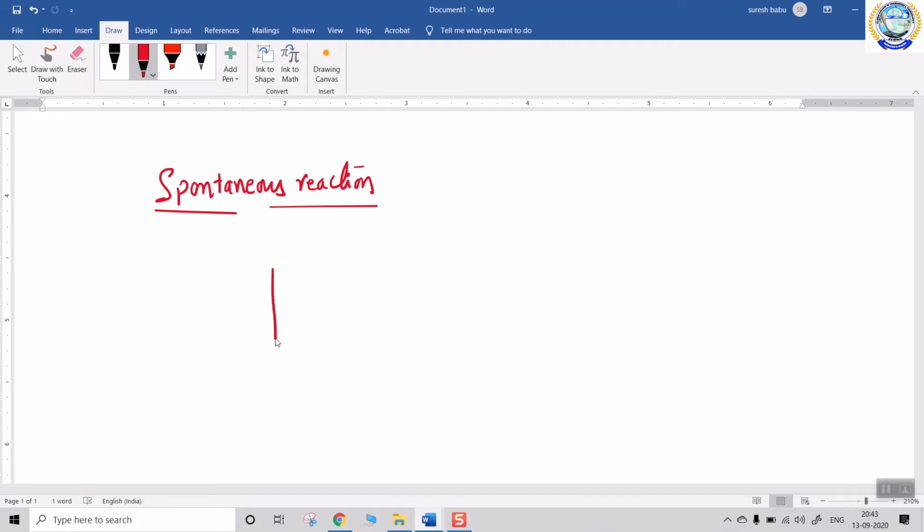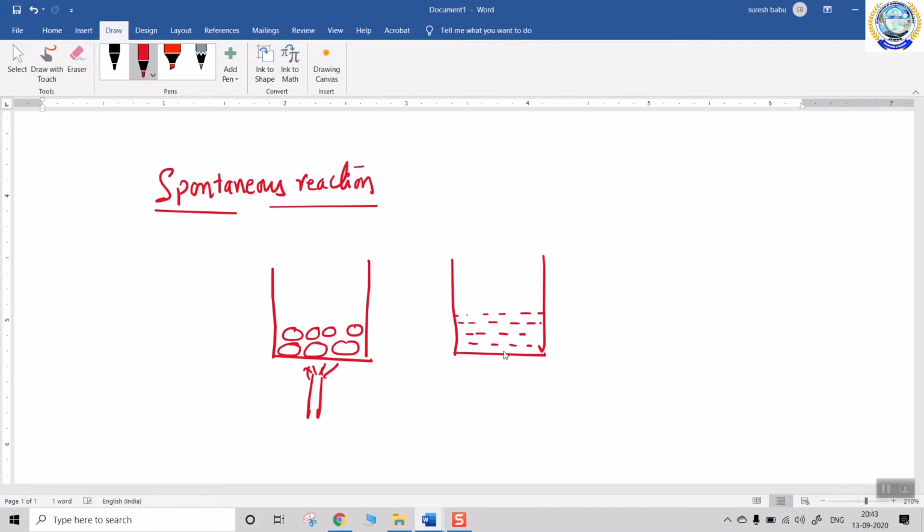Let us consider a reaction vessel in which you have taken some solid pieces of iron, and you heated this vessel until the iron gets melted. That means now this is the molten state of iron, that is melted iron.